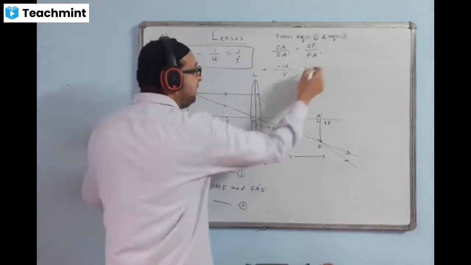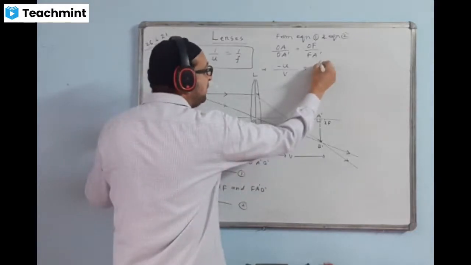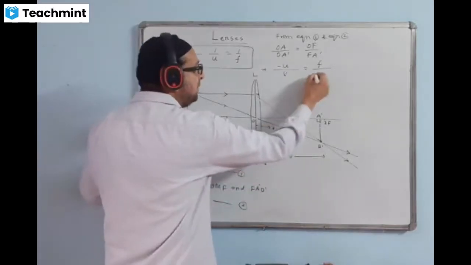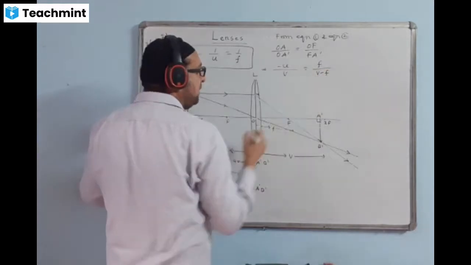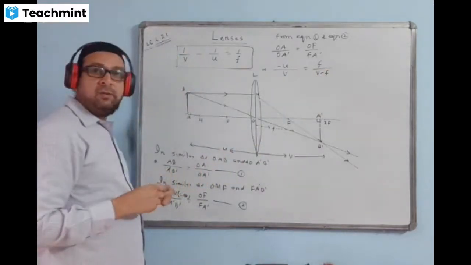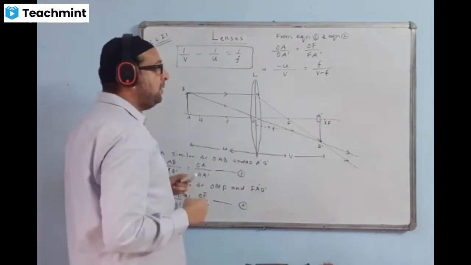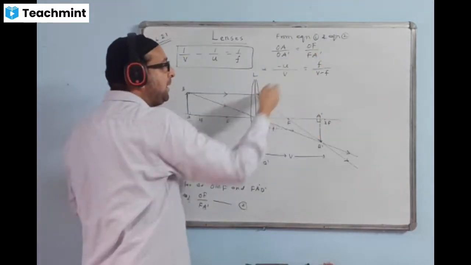OF is positive F. FA dash, the F to A dash distance, will be V minus F, and the sign of the total distance V minus F will be positive. It is on this side. Now I'll cross multiply and solve it.